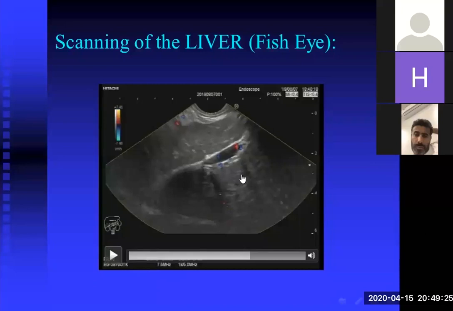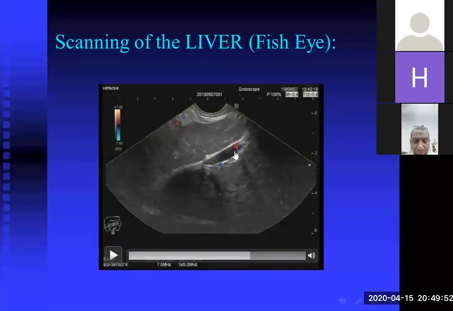At the level of the ligamentum venosum, as I told you before, this is segment 1, the caudate lobe, and this is segment 4B. So this is 4B, 4B, 4B, and this is segment 3, 4A, and 1.